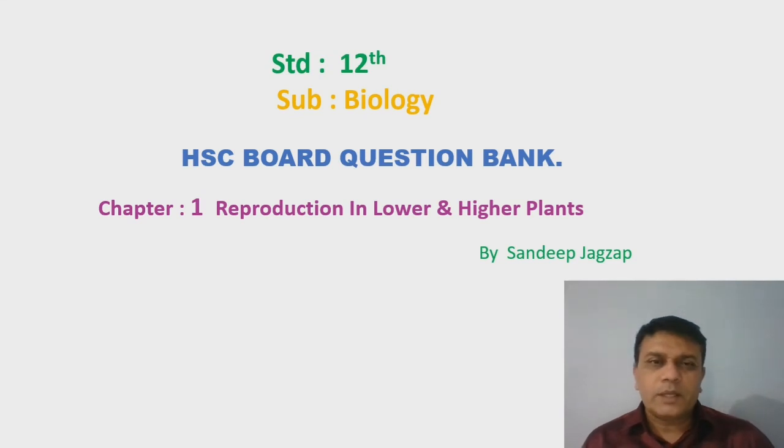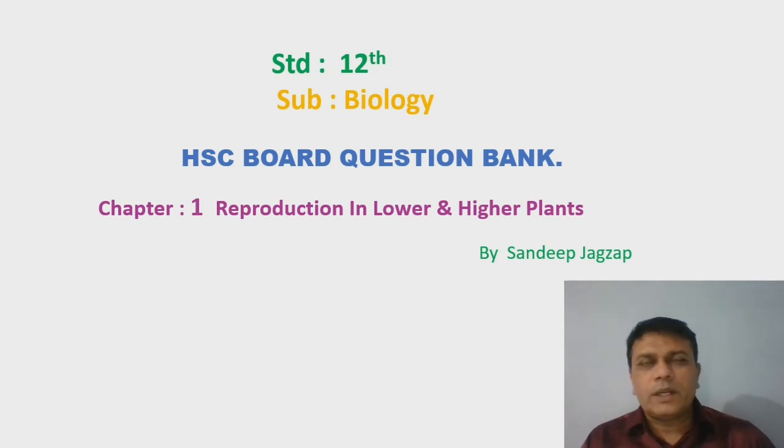Then section C consists of question number 15 to question number 26, and total 12 short answer questions are given, and each question carries 3 marks each. So you will have to attempt 8 questions of the total 12 questions.